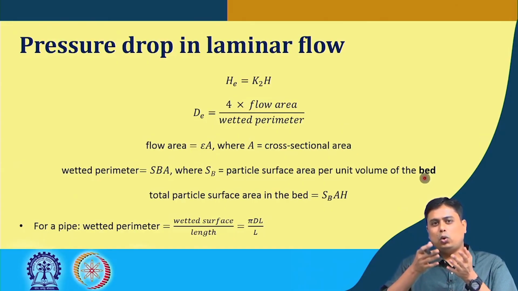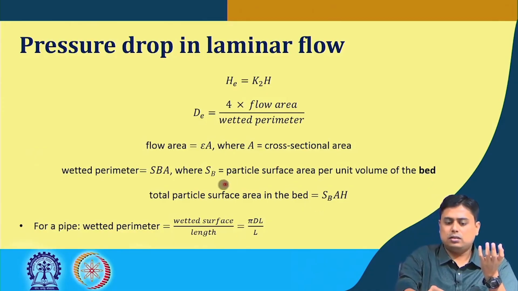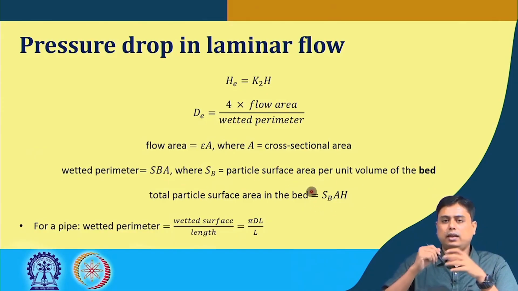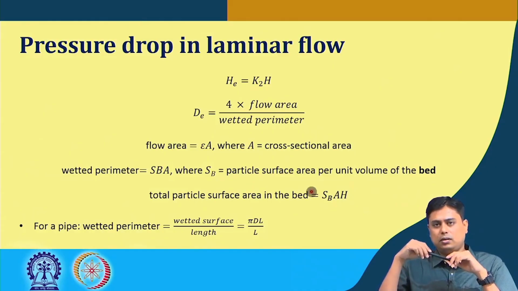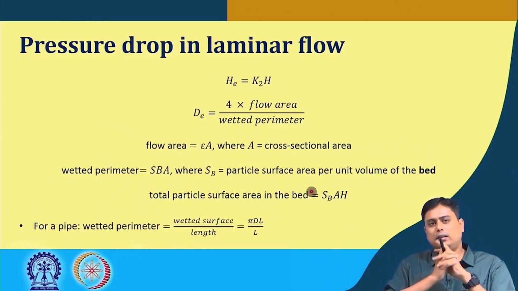Okay. So, the total particle surface area in the bed is this quantity multiplied by this H, that is the depth or the height of the bed. Now in another way you can think of this for a pipe.